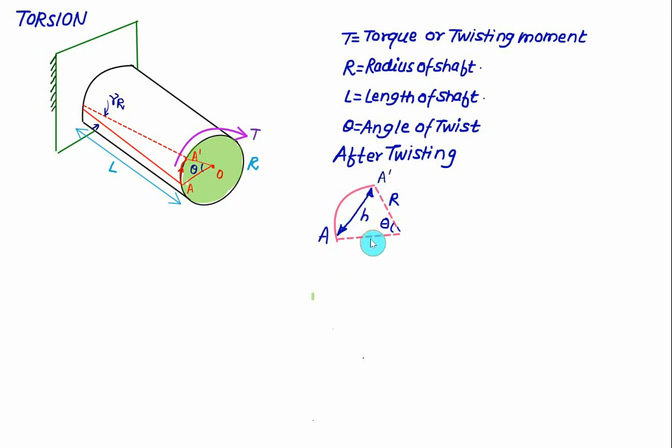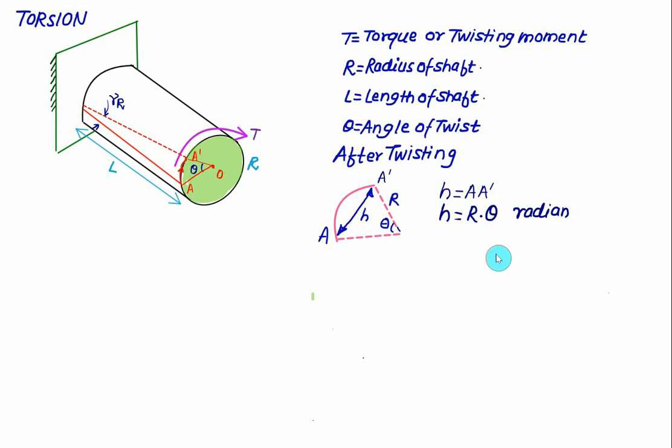So approximately we can say the value of H is the same as A to A prime, and this distance can be approximated as H equal to, since the point A is on the radius equal to R, R multiplied by theta, where theta you have to take in radians.